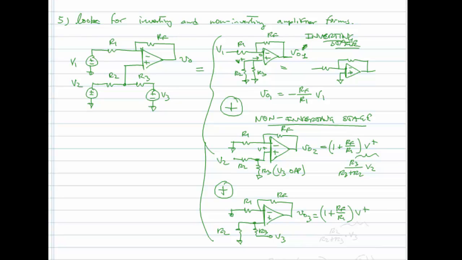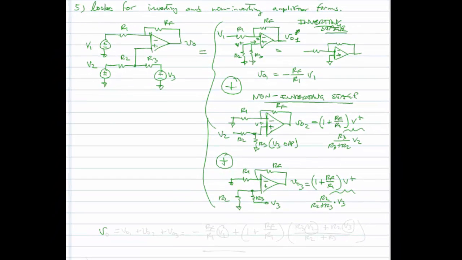The only difference is that V plus is now R2 over R2 plus R3 times V3. So we can write the final result. VO is equal to VO1 plus VO2 plus VO3, which is equal to minus RF over R1 V1 plus 1 plus RF over R1 times, and we could write it as, R3 V2 plus R2 V3 all over R2 plus R3.